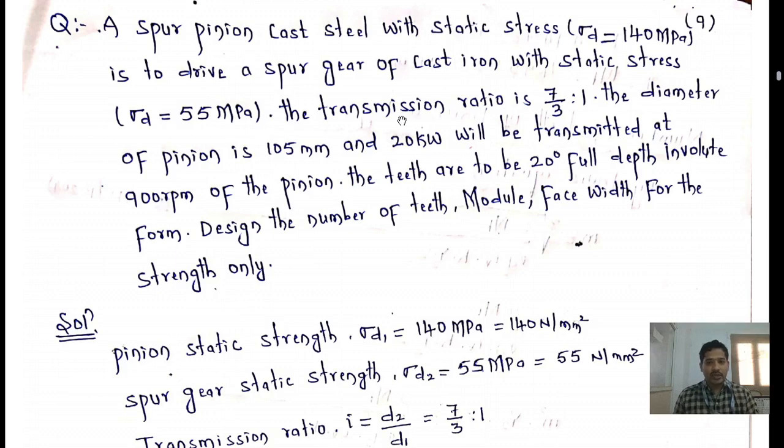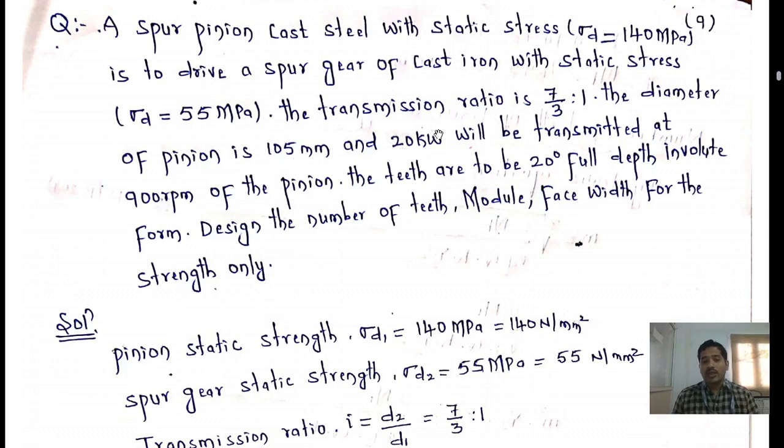The transmission ratio is 7/3:1. The transmission ratio is represented by i is equal to d2 by d1. The diameter of the pinion is given as 105 mm and 20 kilowatt will be transmitted at 900 rpm.